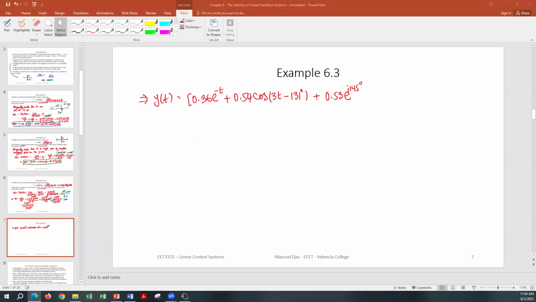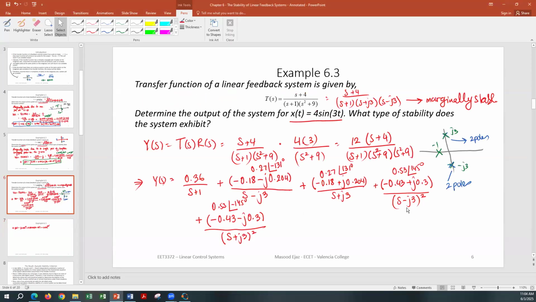So here s plus a is squared, so a here is j3 and a here is positive j3.